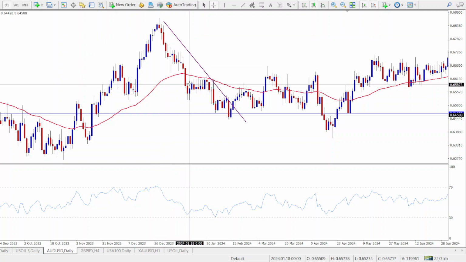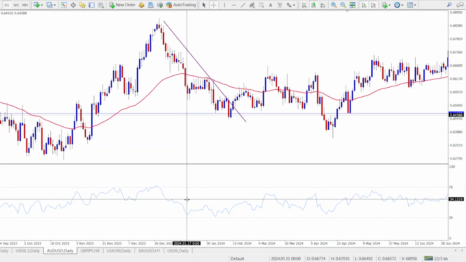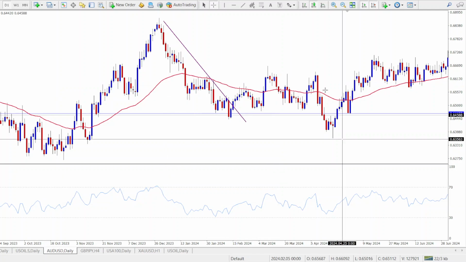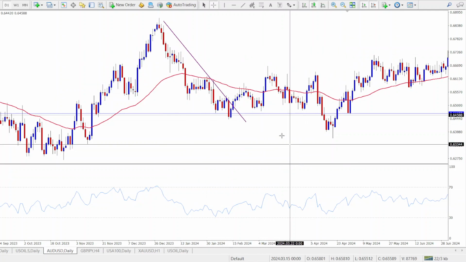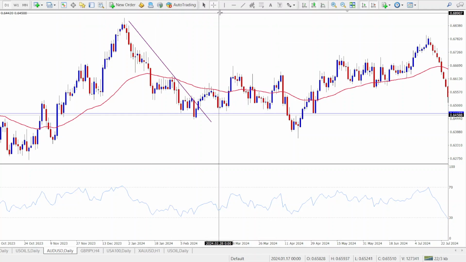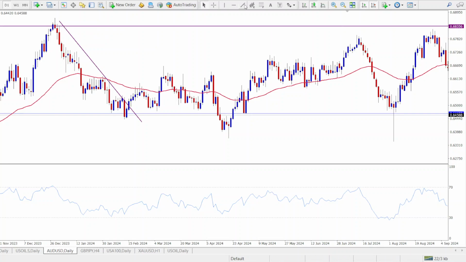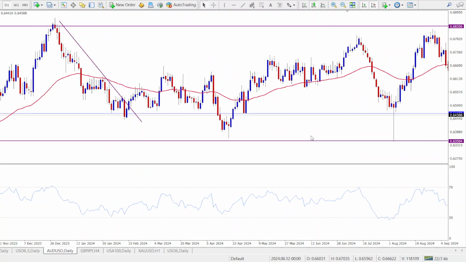It only confirmed the sell around here, when the RSI was already closely oversold. That makes this strategy better fit for a trending market, because we can see that this was a ranging market. Can you see how price was moving sideways? This strategy is not good for a ranging market, because before the moving average confirms the signal given by the RSI, it will already be too late to enter.